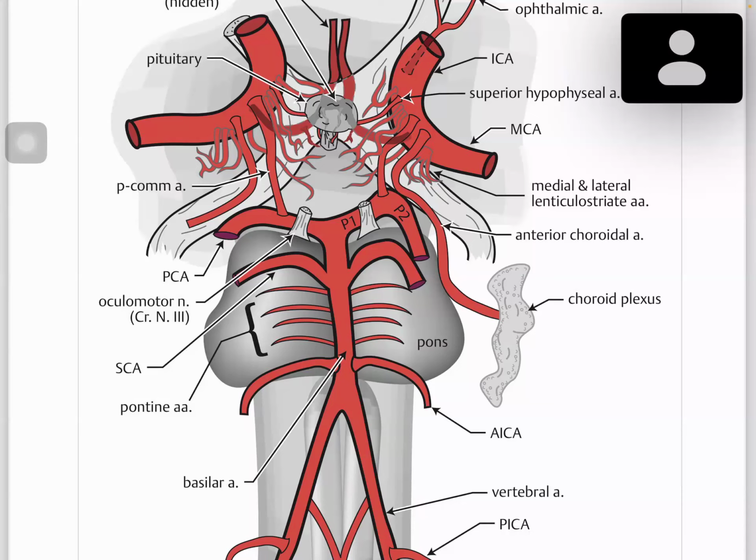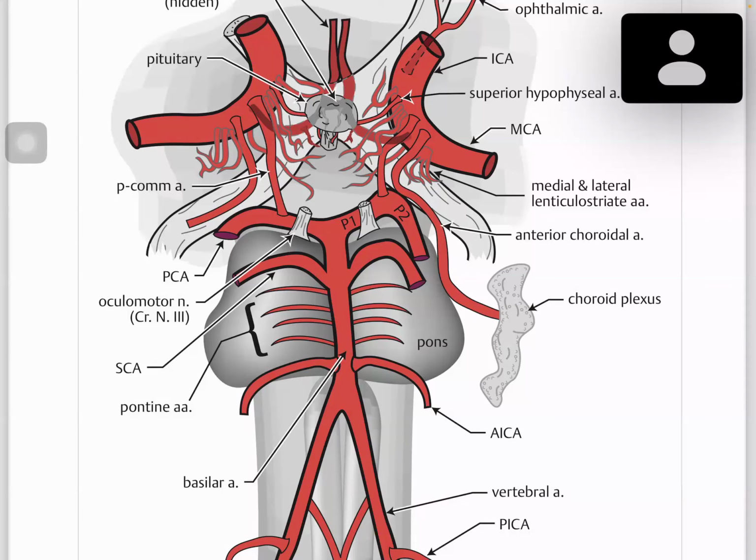The superior cerebellar artery has a very keen relationship with the posterior cerebral artery. As it courses up, sometimes you might find the posterior cerebral artery originating from P1, the segment P1 of the posterior cerebral artery, and you can find it even on P2.